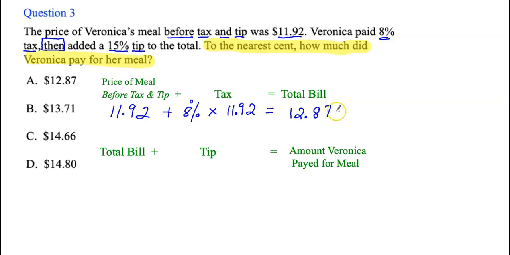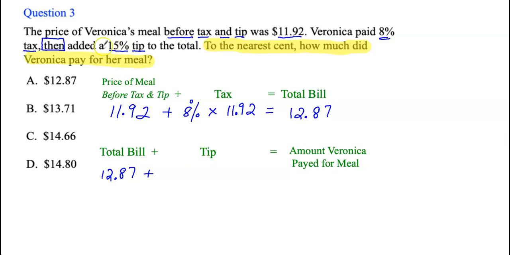Now this is the total bill. Then she added a 15% tip. So now I'm going to use this second piece. The total bill is $12.87 from here, plus the tip.